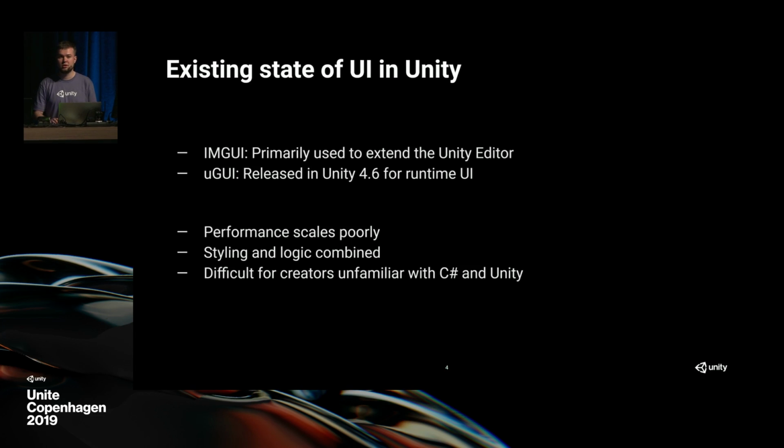Obviously, most of the content created with Unity and most of Unity itself is still built using these two APIs. But their drawbacks have become harder and harder to fix within their frameworks. So that's what pushed us to build UIElements. Those drawbacks are around performance, scalability issues, and the fact that as a new user to Unity, you need to learn a lot about Unity itself and how it works before you can start building UI.